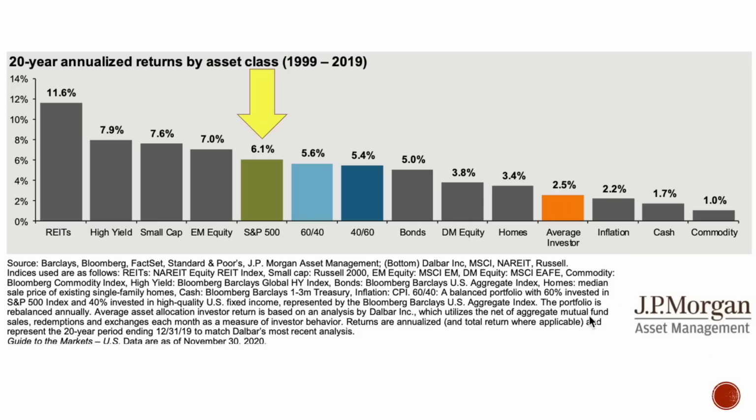If we go to what the market did, 6% over 20 years, not bad. But if you go to what the average investor did, 2.5%. That is a huge difference in returns, in wealth, in everything. This barely beats inflation, even not. This is already wealth accumulation.